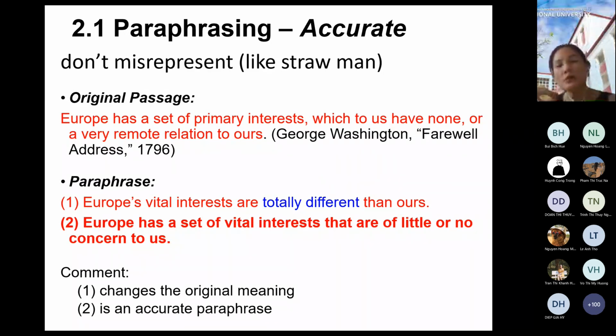Among the two, the second one is better, isn't it? Better means more accurate to the original. The first one says totally different, so it differs from the original meaning, doesn't it? So this is a skill, and it might be written differently by each of you, but anyway, you need to ensure that the accuracy is there. That is the first standard.